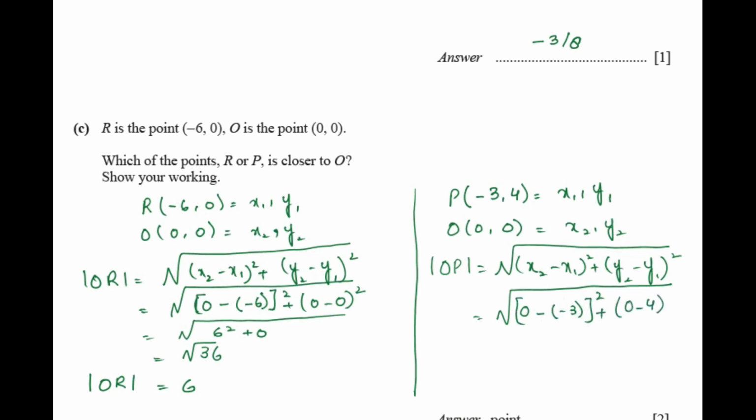Substituting: 0 minus (-3) whole square, plus 0 minus 4 whole square. Minus minus will be plus, so it will be 3 square plus 4 square. 3 square is 9 and 4 square is 16. When we add these two, it is 25, and the square root of 25 is 5.